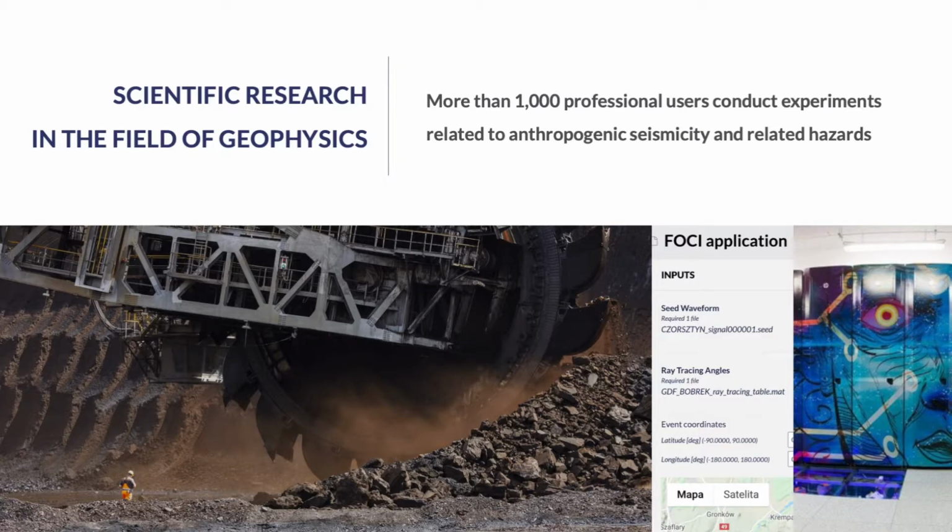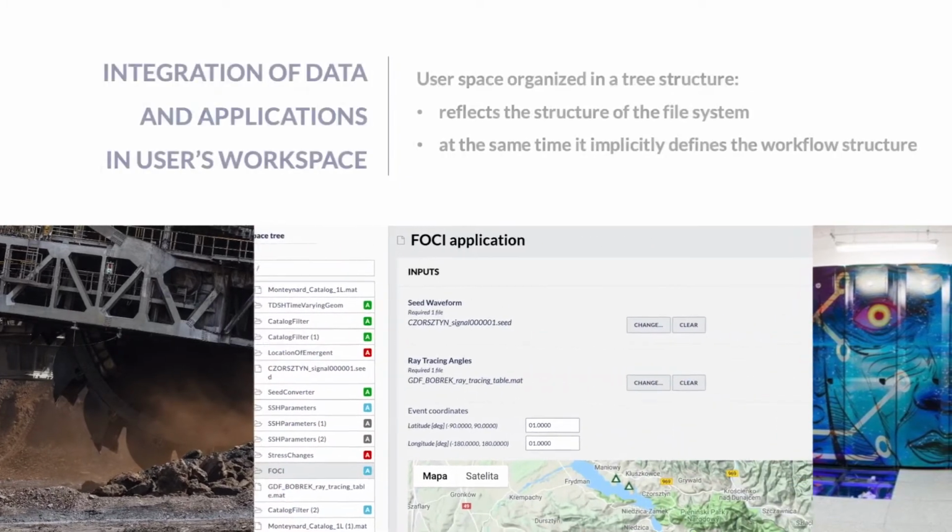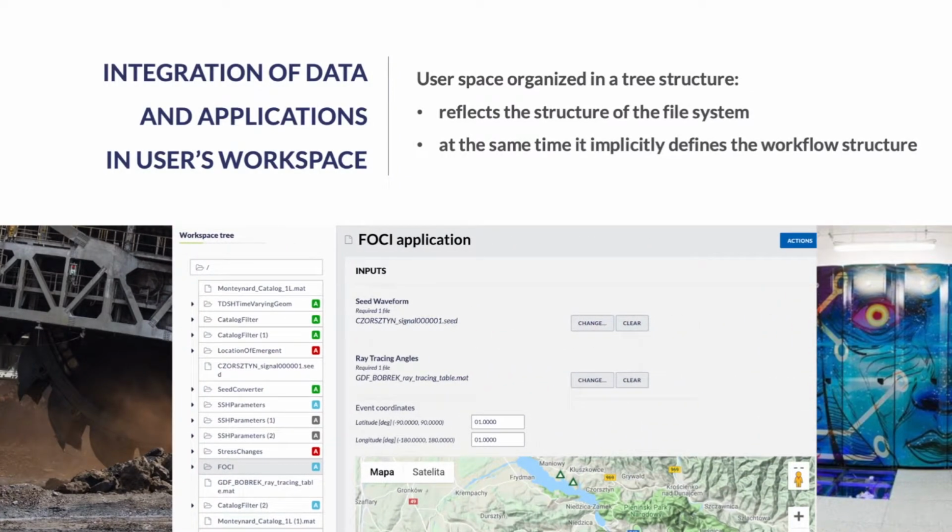And currently the system is used by over 1,000 professional users. The ES-Epos platform integrates data and applications inside the workspace, which is organized in a tree structure. It stores physical files such as inputs and outputs for applications, as well as implicit workflow structure.